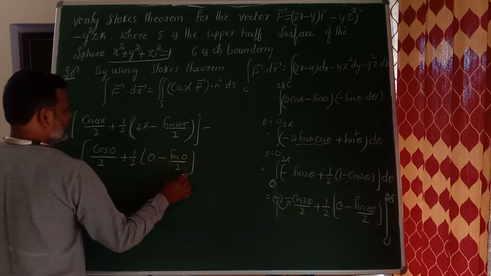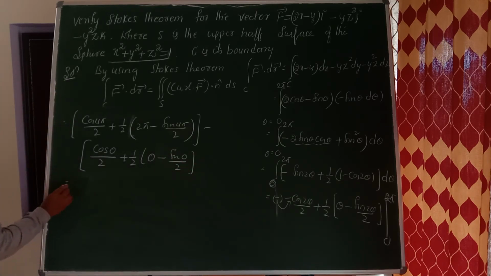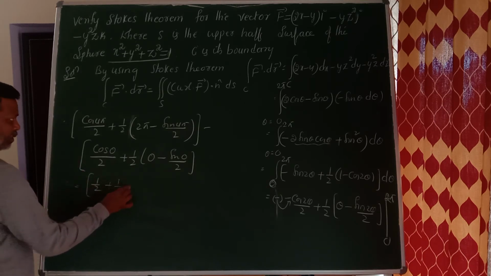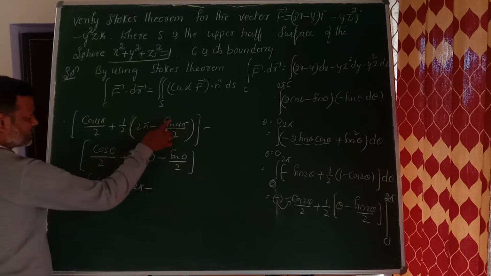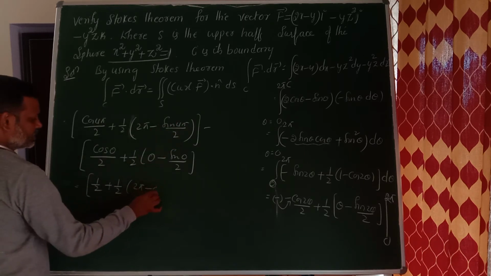Just simplify this. Cos 4 pi, a multiple of pi, even, so it is 1. This becomes 1 by 2 plus half into 2 pi, minus sin 4 pi which is 0, and 0 by 2 is 0.